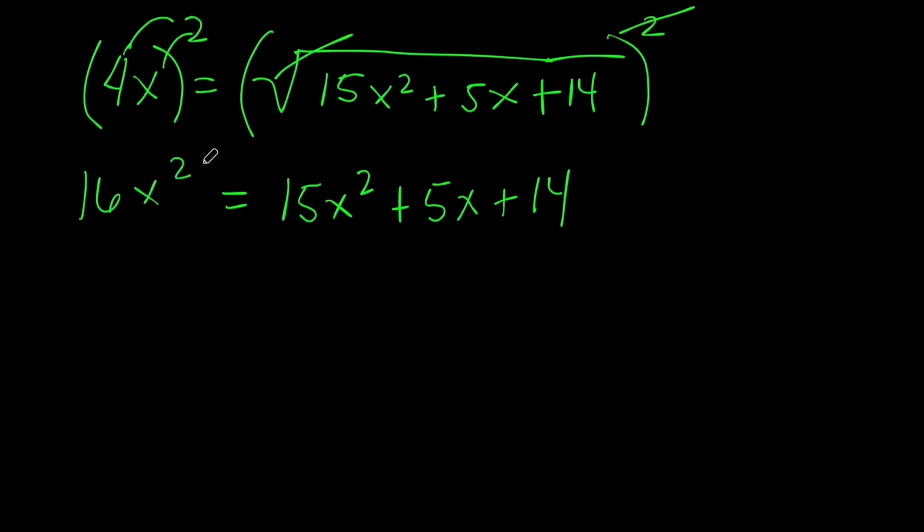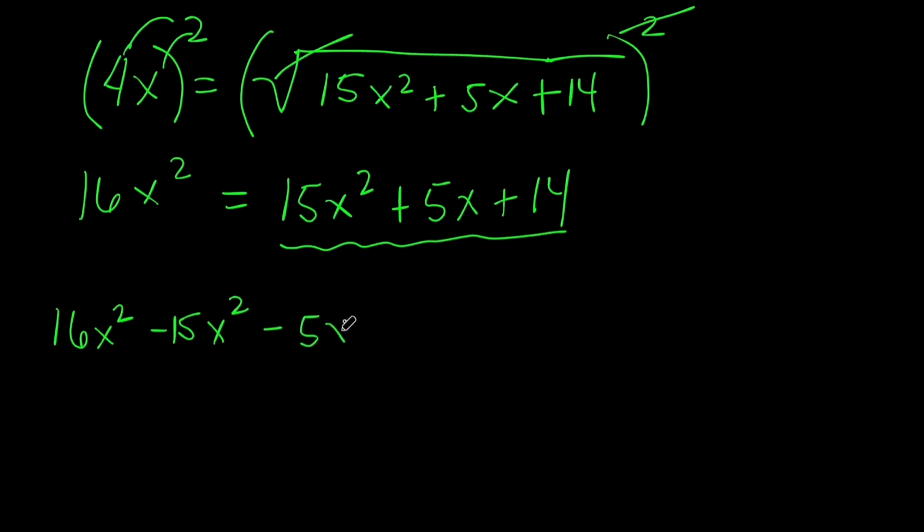And we move it all to one side of our equation. You can move either side if you want to, but let us move this term to our left side. If we move it, we have 16x squared minus 15x squared minus 5x minus 14 equals 0.